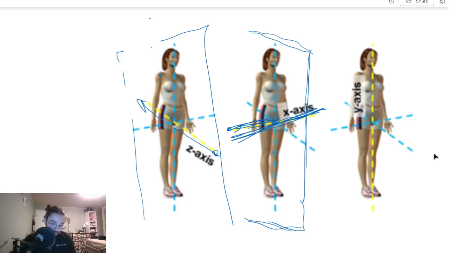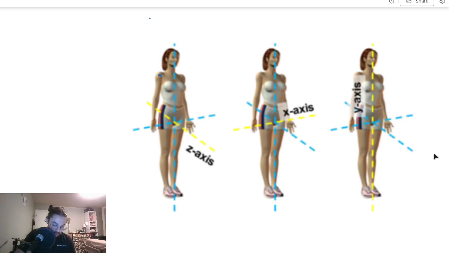Okay? So that's how you describe that. All right? So anterior-posterior, horrible S there, sorry, posterior axis. So these are the axes of rotation.